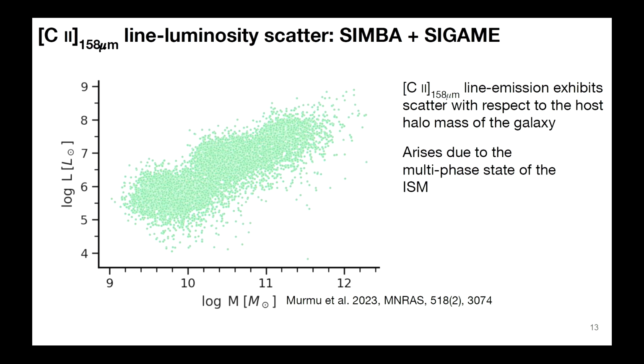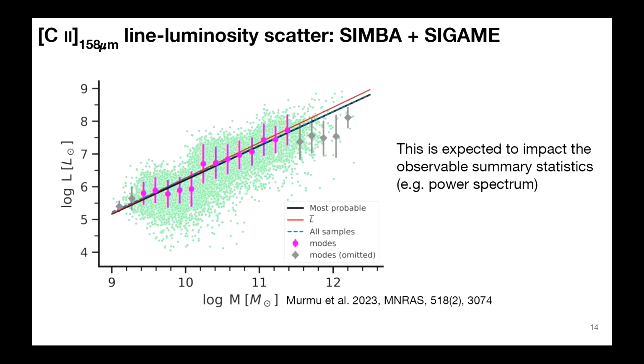If we include this scatter in our forward model, how do we include it? That is the first question, and then whether that has an implication in your interpretation or not. So we started trying to fit this scatter using various kinds of approaches.